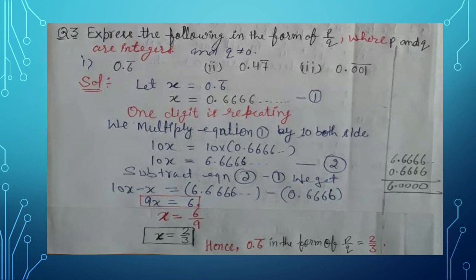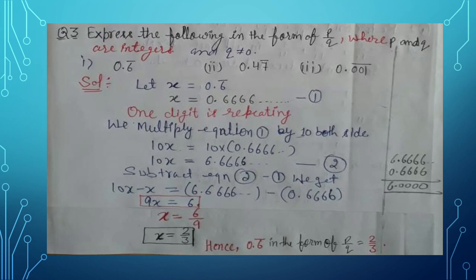Whenever we have only one digit repeating, we need to multiply by 10. If 2 digits are repeated, then by 100. If 3 digits are repeated, then by 1000. So in the first case, it is very clear: we have only one digit repeated. So you can see I have written: multiply equation number 1 on both sides by 10.